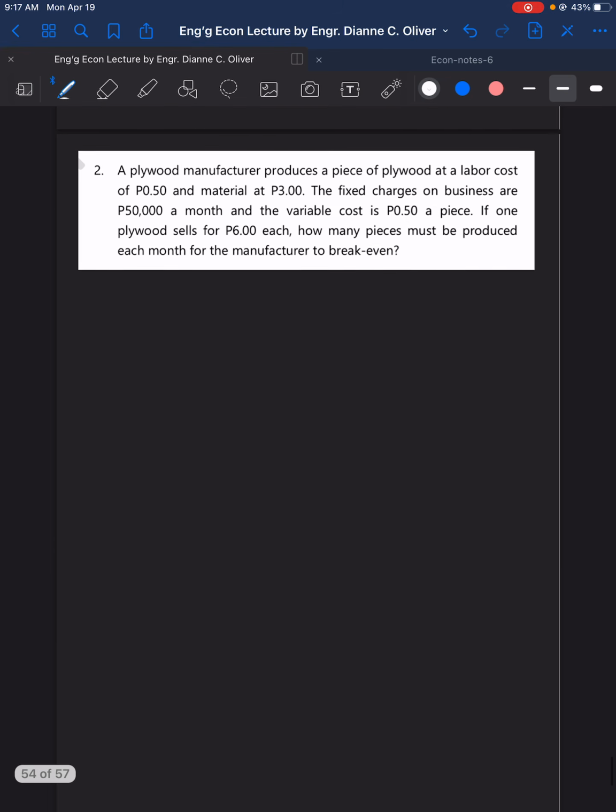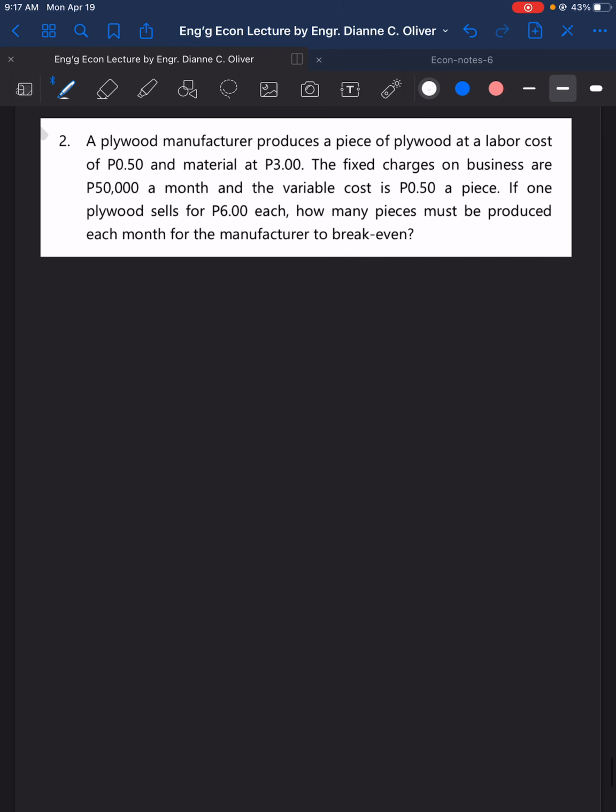Next, let's go to number 2. A plywood manufacturer produces a piece of plywood at a labor cost of 50 cents and material at 3 pesos. The fixed charges on business are 50,000 a month and the variable cost is 50 cents a piece.